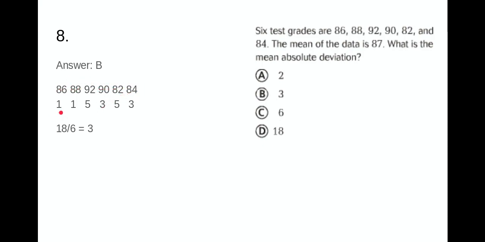The number I have below is the difference, or the answer to the subtraction problem. So like 87 minus 86 is 1. 88 minus 87 is 1. These are all of the differences between 87 and the value directly above it. You add all those numbers together, you get 18. You divide by 6, you get 3. That is your MAD.